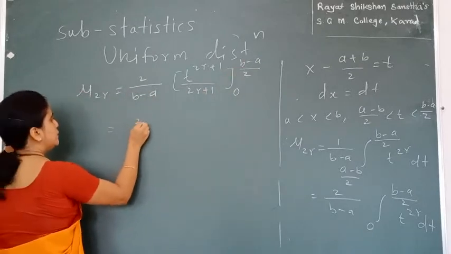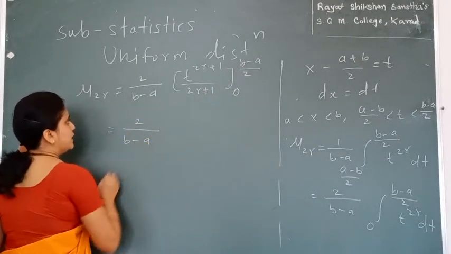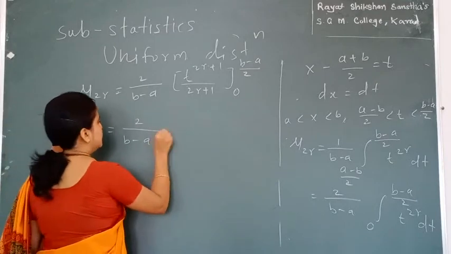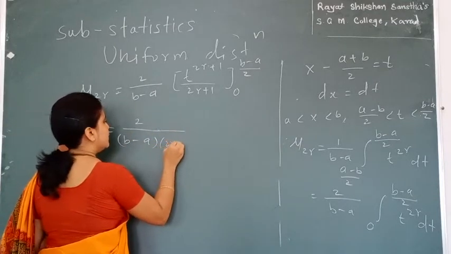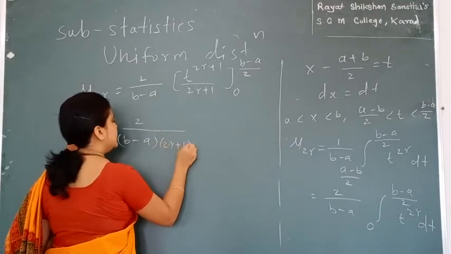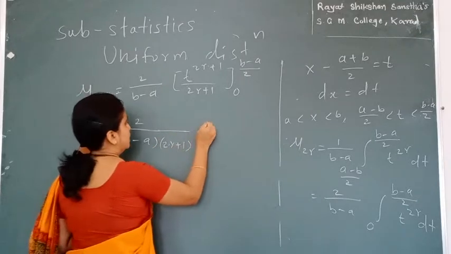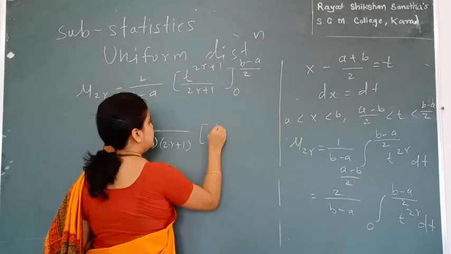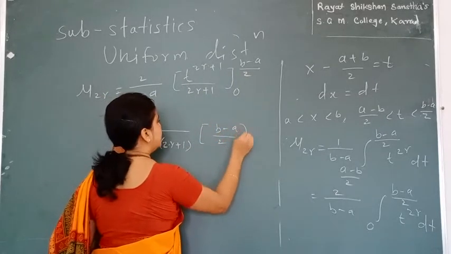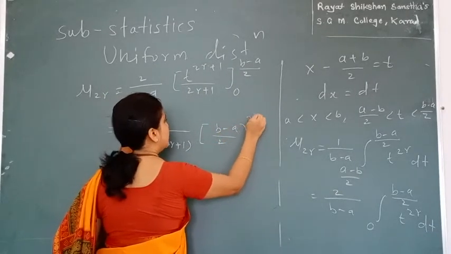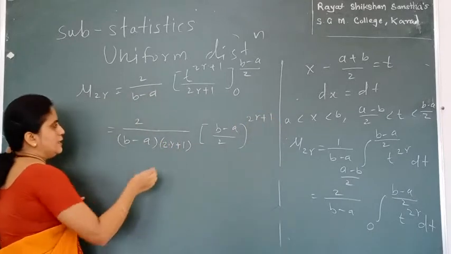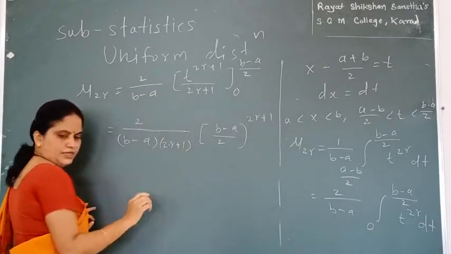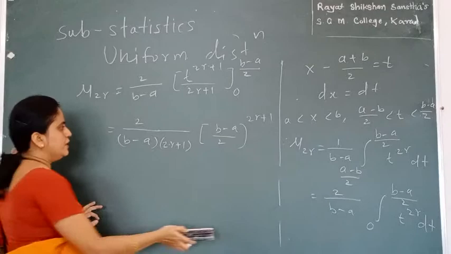Now it becomes 2 divided by b minus a, and the term which is 2r plus 1 is free from t, hence it comes out of the bracket, and instead of t I can put this range as b minus a divided by 2 raised to power 2r plus 1, and the lower range becomes 0, hence it doesn't affect our equation.